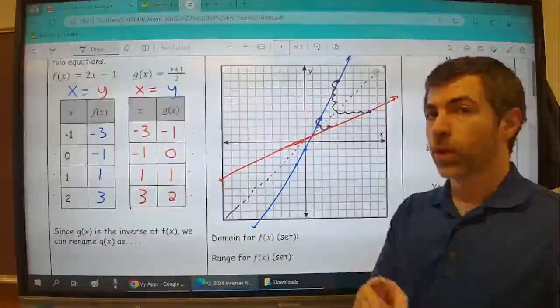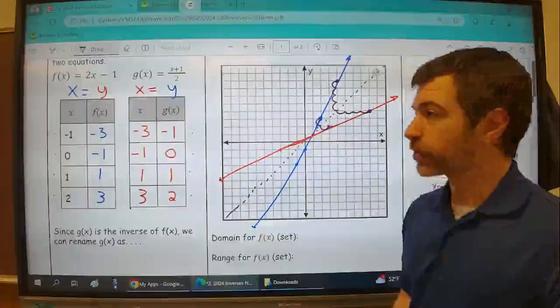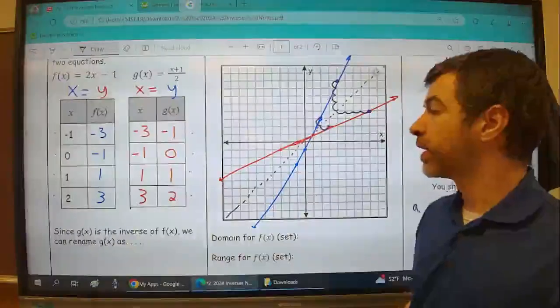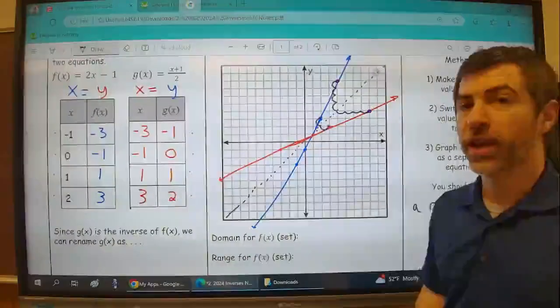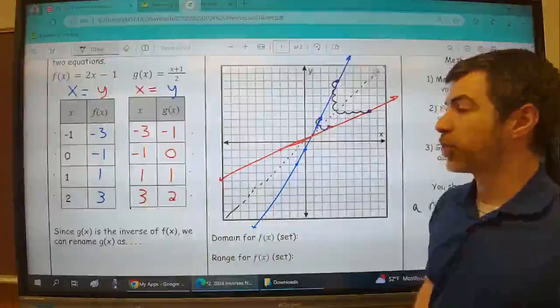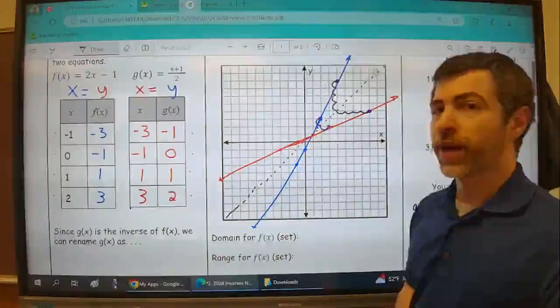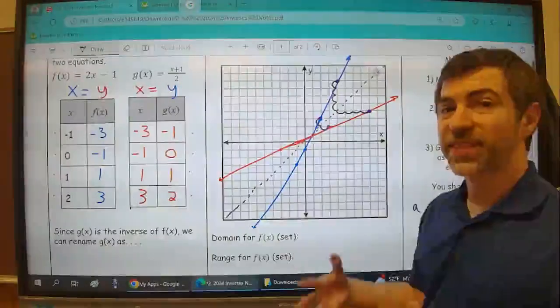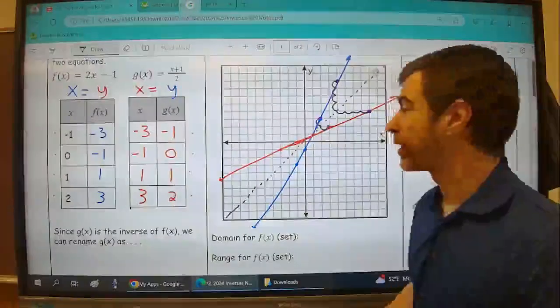By the way, we have to get ready for AP Precalculus, not Pre-AP, AP Precalculus. That means if I have f(x) and g(x) and they are inverses of each other, we don't want to call it g of x. That makes it seem like there are two separate lines, but these are together in one family.